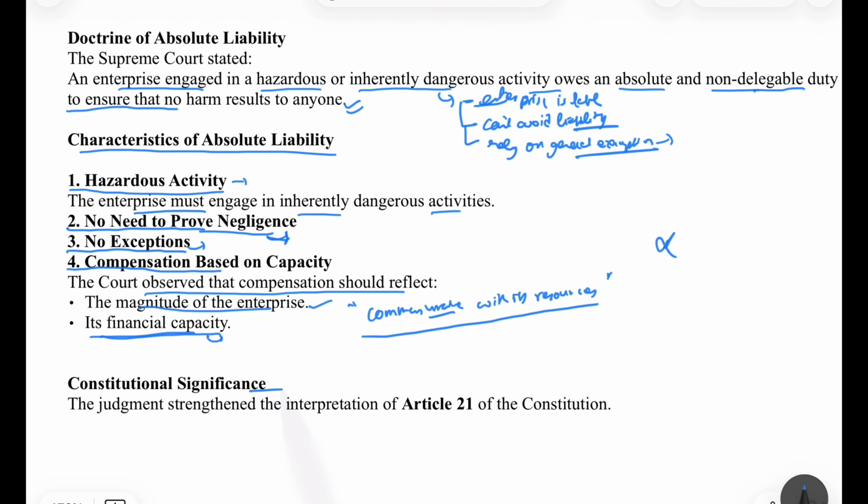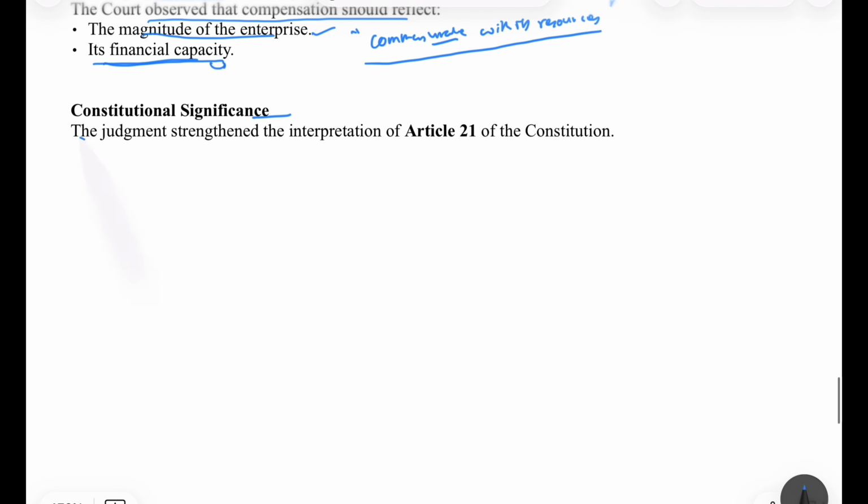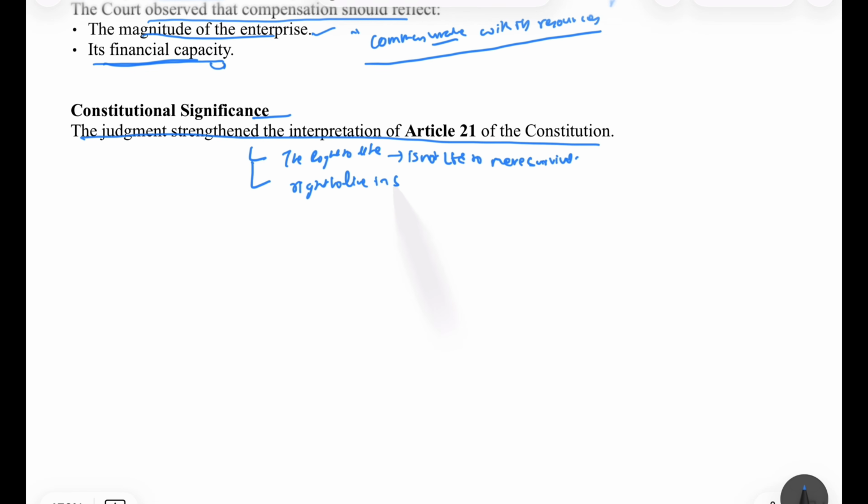Okay, and what is the constitutional significance of this case? The judgment strengthened the interpretation of Article 21 of the Constitution, the right to life. The court recognized that the right to life is not limited to mere survival, and it also includes the right to live in a safe and healthy environment.